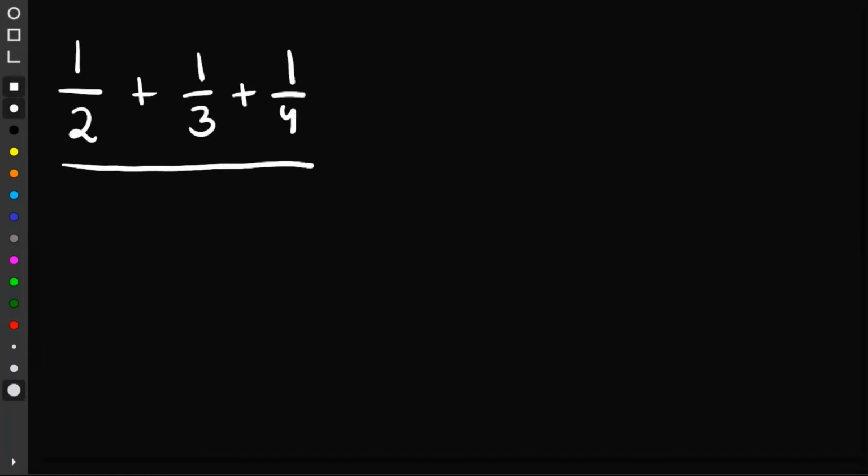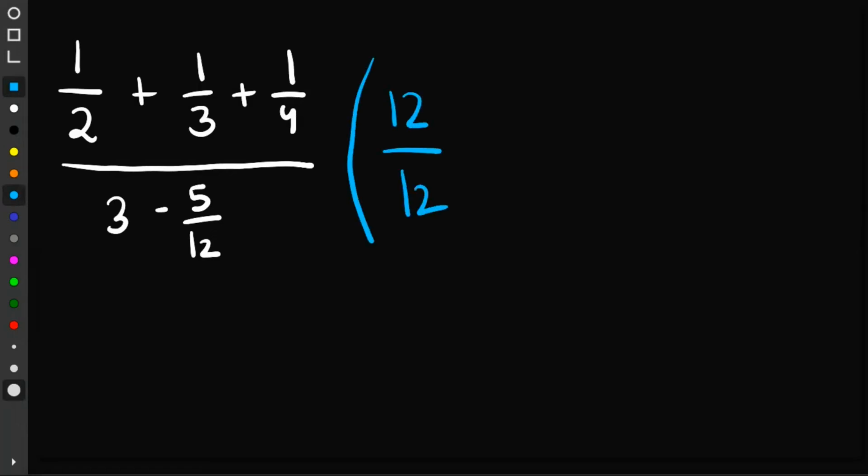Let's go on to our fourth example. If we have 1/2 plus 1/3 plus 1 over 4 all over 3 minus 5 over 12. So for this one, we're encountering more fractions in the numerator, but we'll try to apply the similar idea as a while ago. We will multiply this one with 12 over 12.